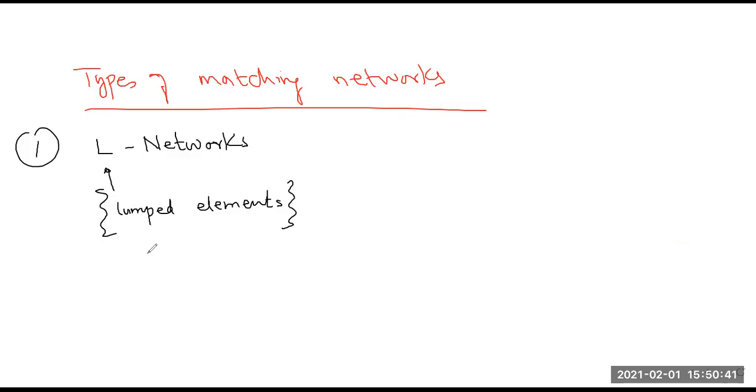One possible design that you can use for matching a load is by making use of lumped elements. And you already know about lumped elements from your basic electrical engineering. I'm talking about capacitors and inductors. So capacitor and inductor can be used as an impedance matching circuit.